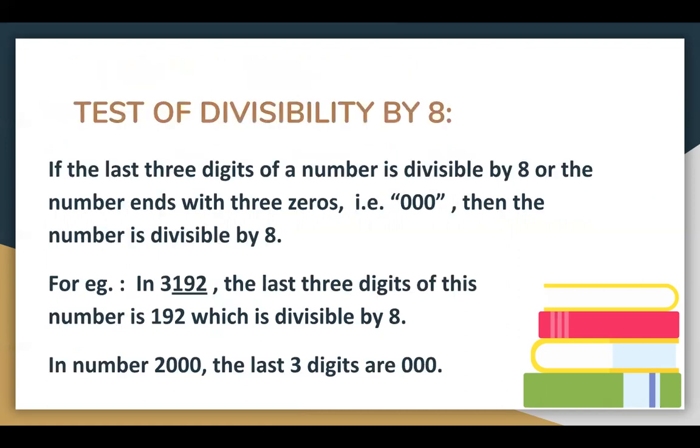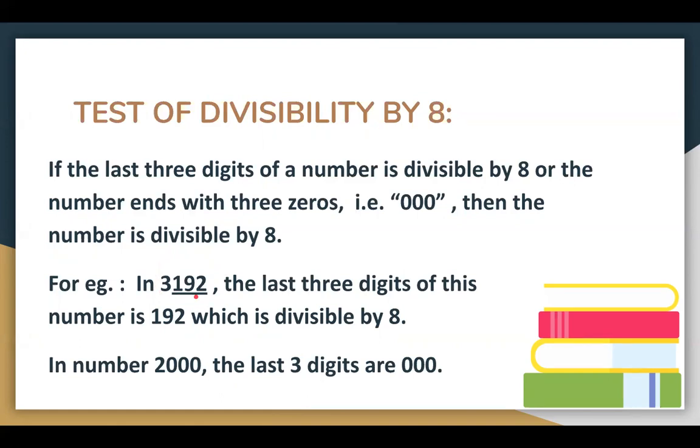Test of divisibility by 8. If the last 3 digits of a number are divisible by 8 or the number ends with 3 zeros, that is 000, then the number is divisible by 8. For example, in the number 3192, if you observe the last 3 digits, the last 3 digits of this number are 192, which is divisible by 8.